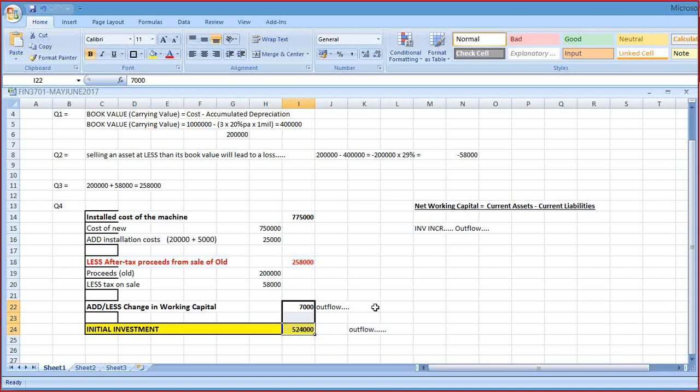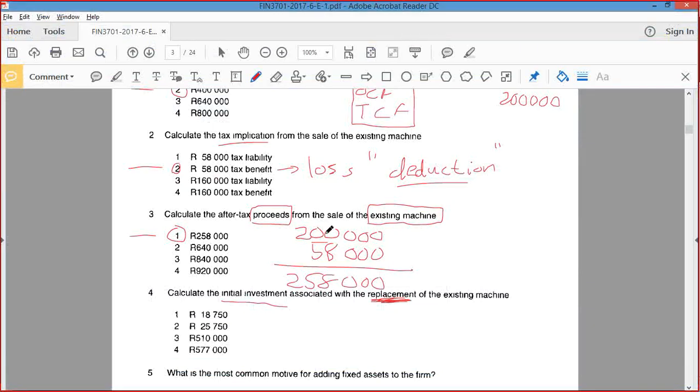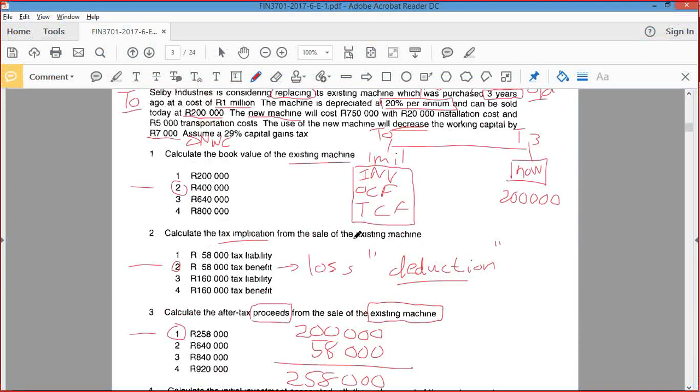Yeah, okay. In the question, they only said that this was a decrease in working capital by 7,000. So what have they assumed here? A cash inflow or outflow? Cash outflow?